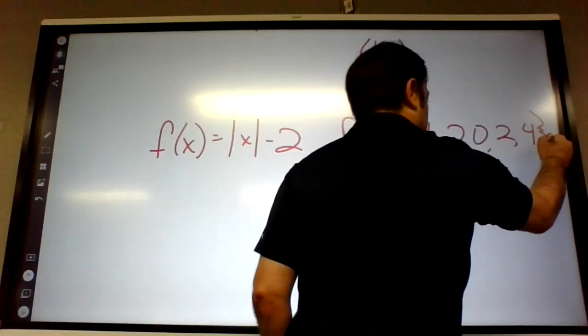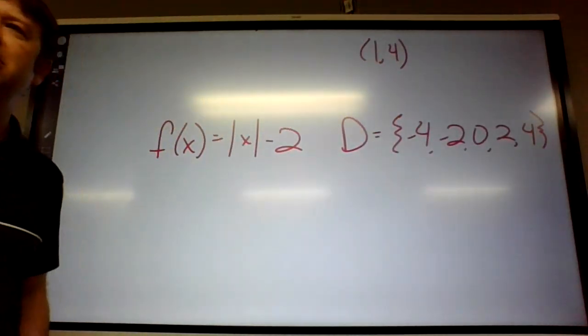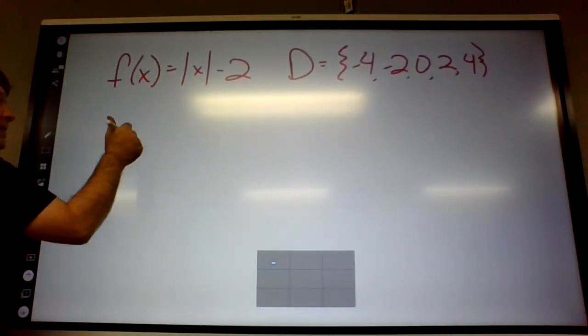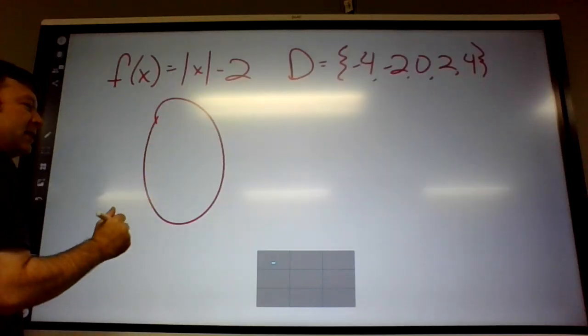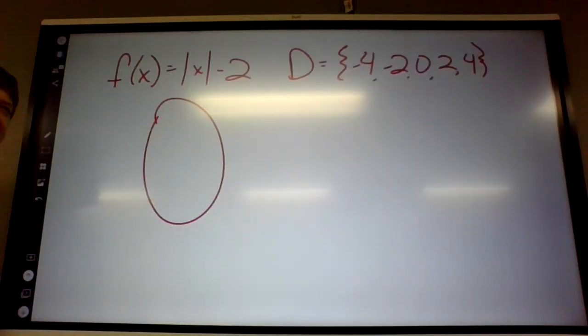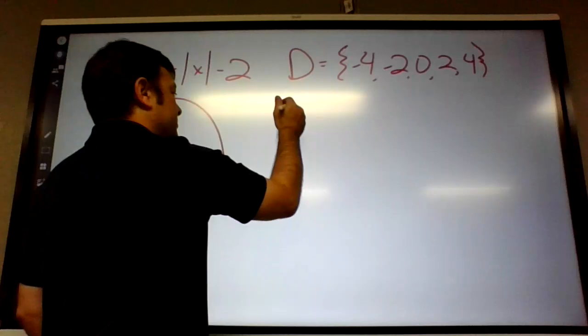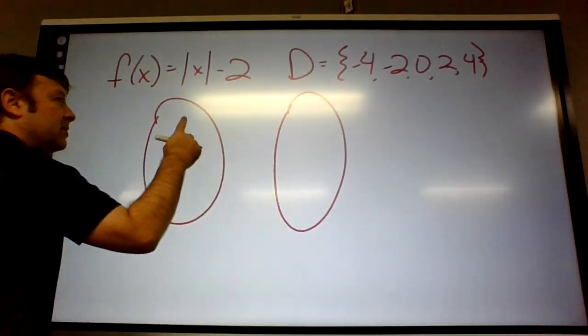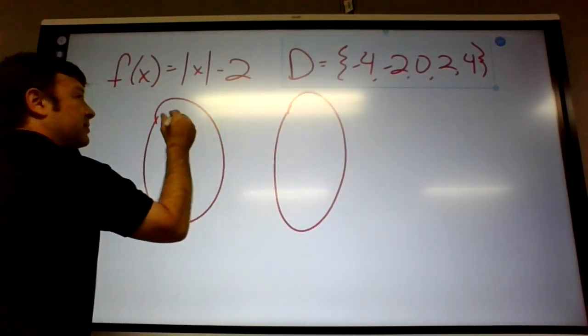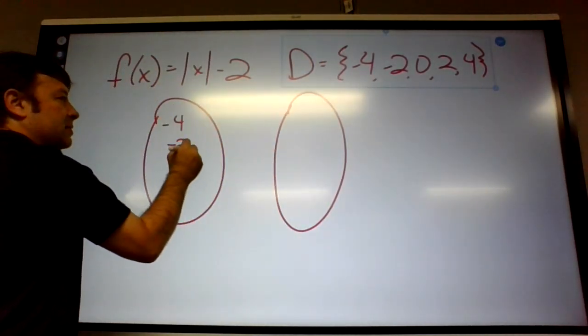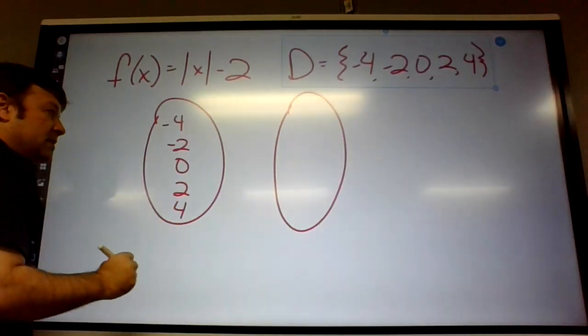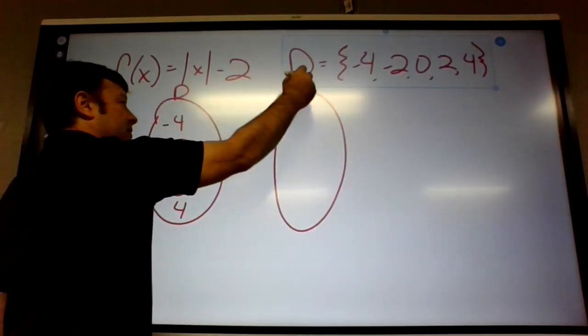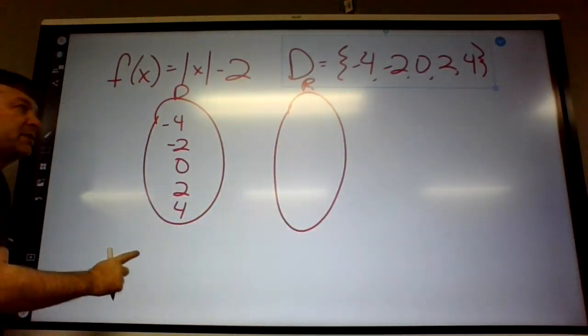All right. Does anybody remember what a mapping was? I think we maybe did one of these on Friday. So the domain goes over here. And then the range goes over here, and then we draw arrows to the ones that go together.